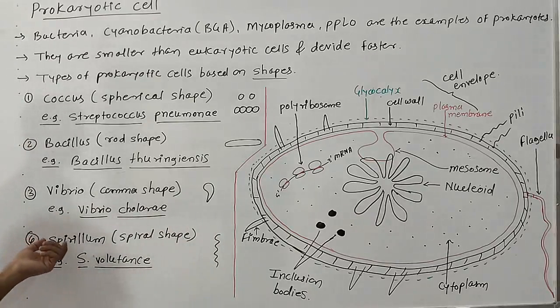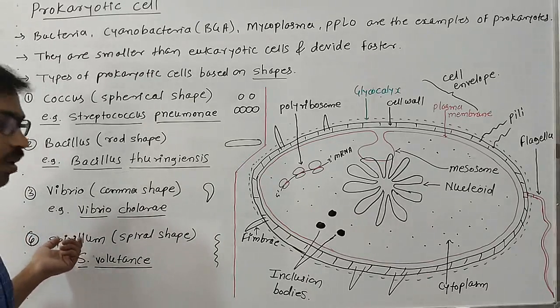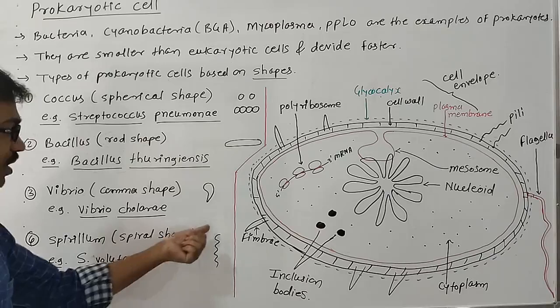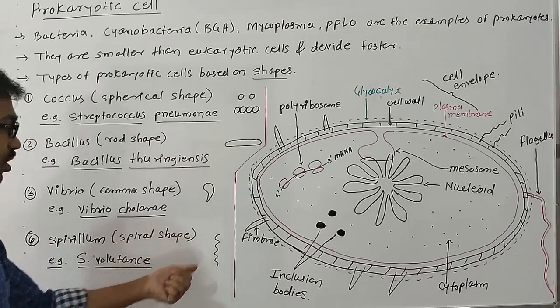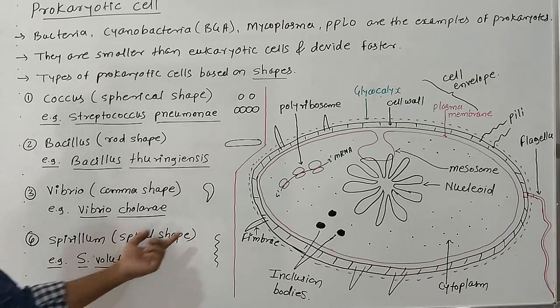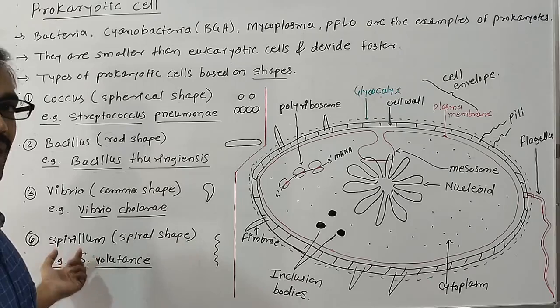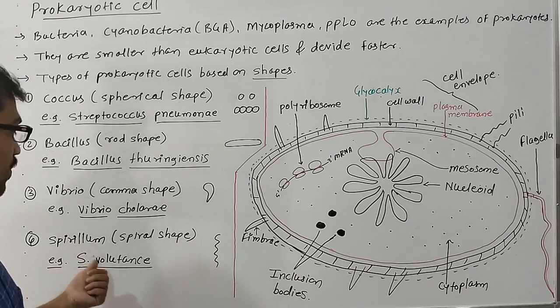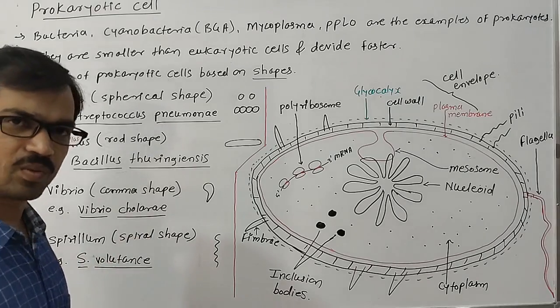The fourth common shape observed in bacteria is spirillum, a spiral-like structure. An example of a spiral-shaped bacterium is S. volutans. S indicates the name of the genus Spirillum, and volutans is the name of the species.